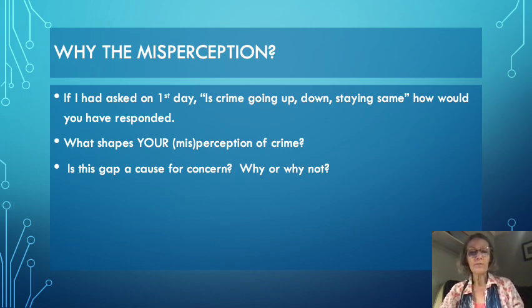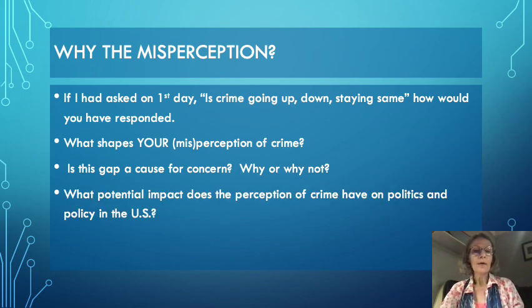So is it a cause for concern? Why or why not? And what potential impact does the perception of crime have on politics and policies in the United States? And when we read our book and you write your paper on Locked In, the author of that book really digs into the impact that perception of crime has on public policy.